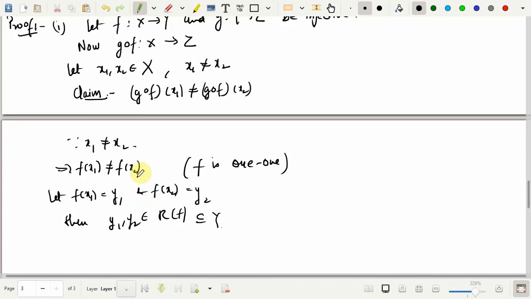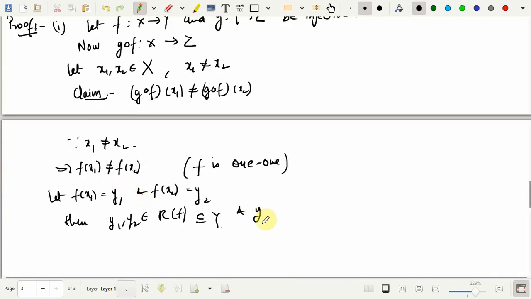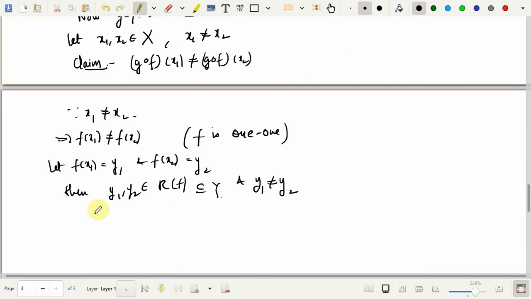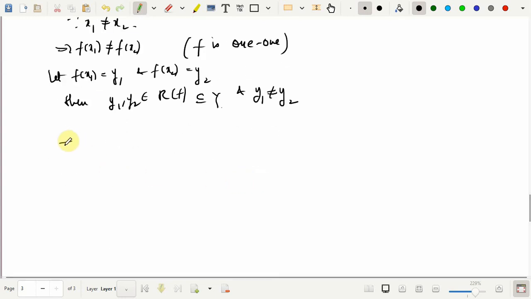So therefore I can talk about the images of y1 and y2 through g. Since g is also 1-1 and y1 and y2 are two distinct points in the domain of g, I can say that g of y1 is not equal to g of y2. The reason is g is 1-1.